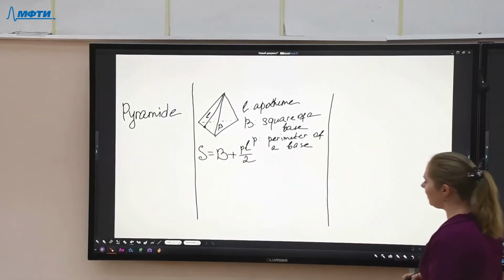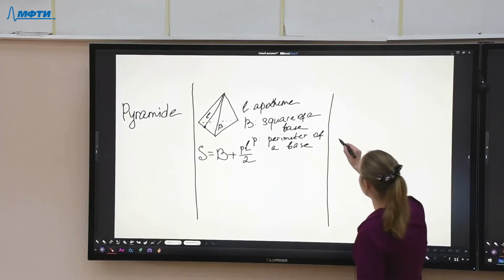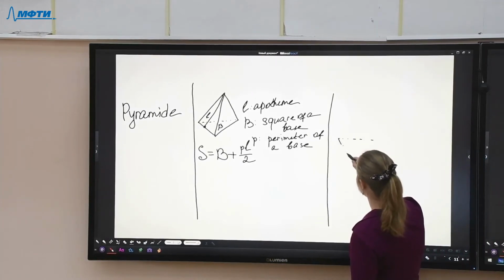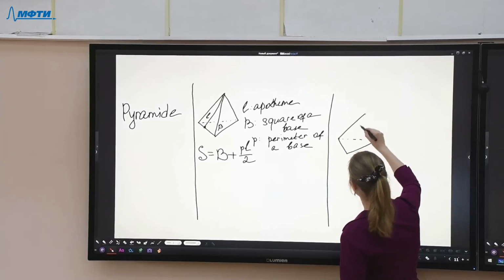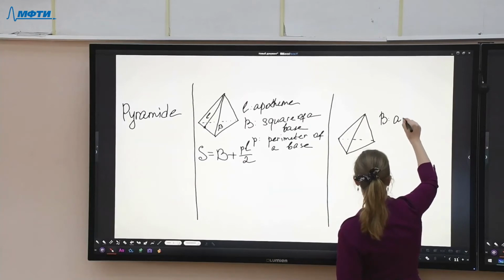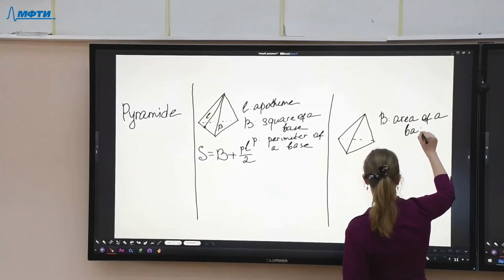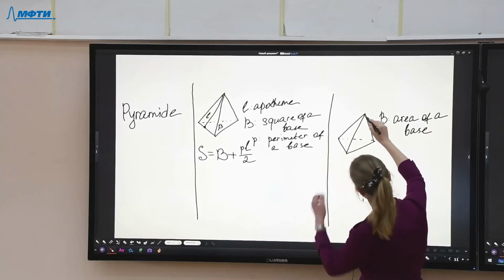Well, and if we want to find the volume of this pyramid, we don't care if this pyramid is right or not. We just need to find an area of the base, let it be B. And we need to drop a perpendicular.